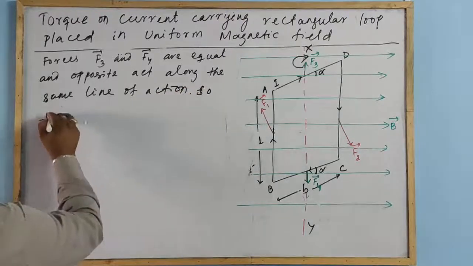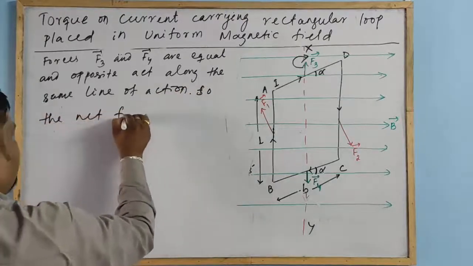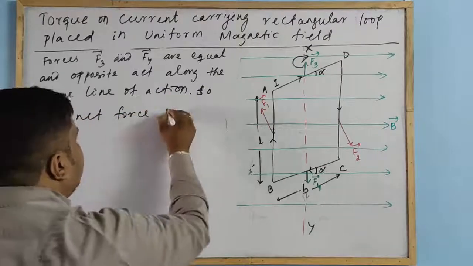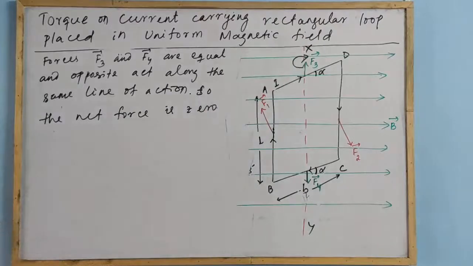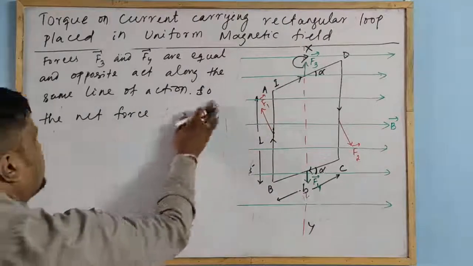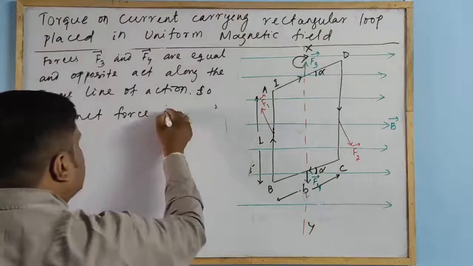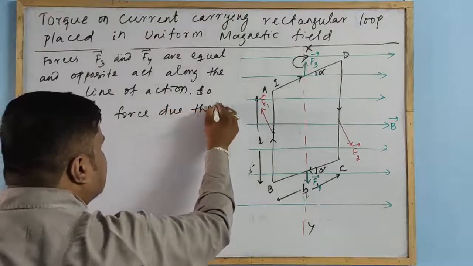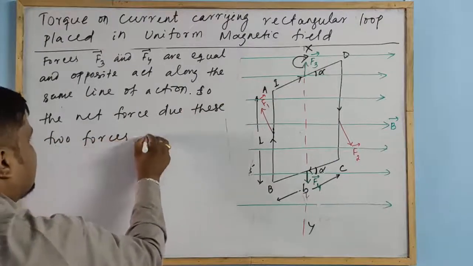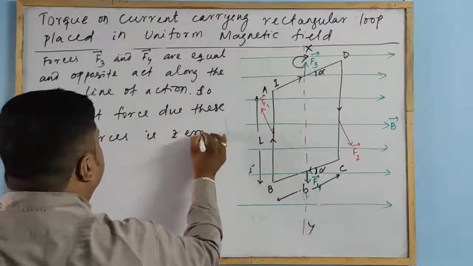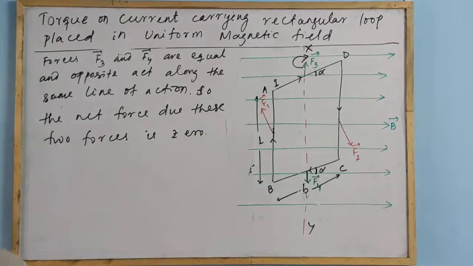So the net force due to these two forces is 0. Clear?